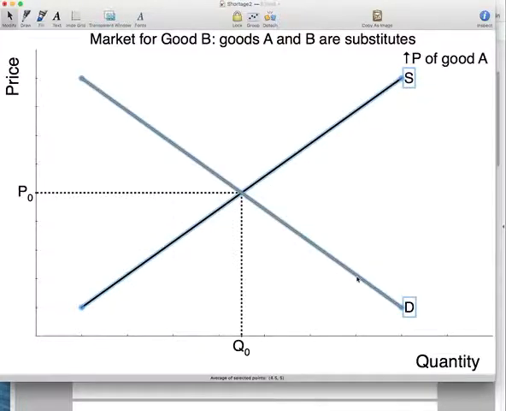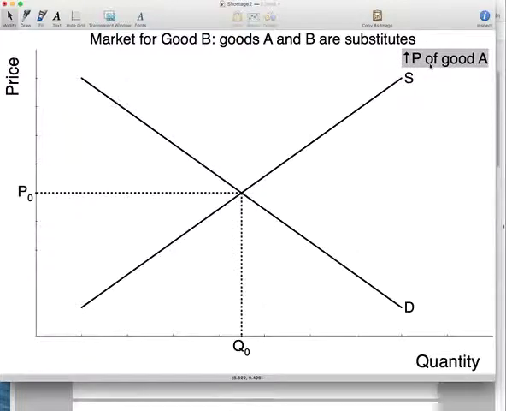And we have a downward sloping demand curve because of the law of demand, which states there's an inverse relationship between price and quantity demanded. The equilibrium occurs where supply and demand intersect one another, so that gives us the equilibrium price and the equilibrium quantity.